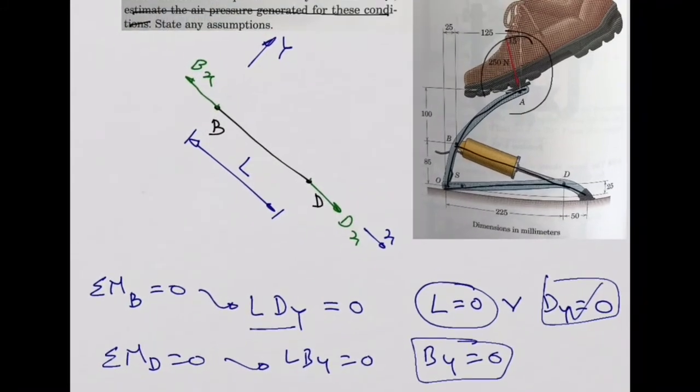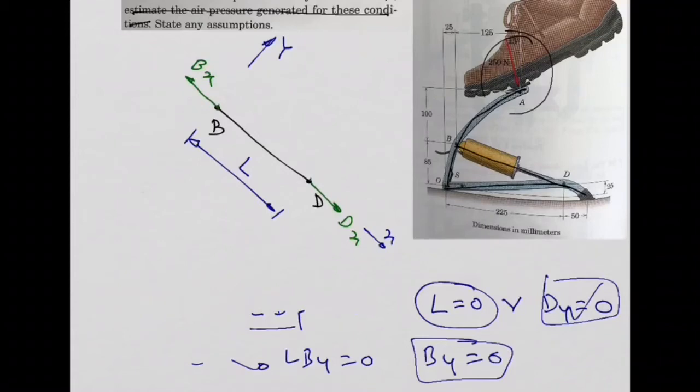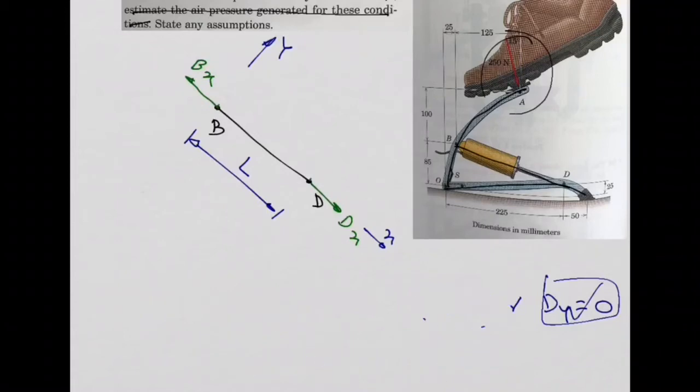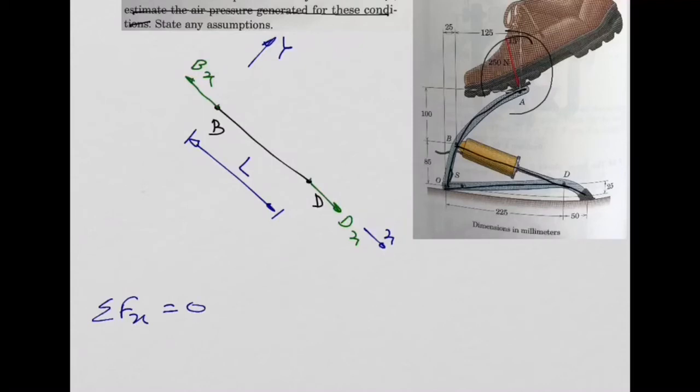But we also know that, so I need to find some space, so let me delete this now. We also know that if I now use the summation of forces in the x direction equal to 0, which is my other equilibrium equation, my conclusion is Dx minus Bx needs to be equal to 0, isn't it?